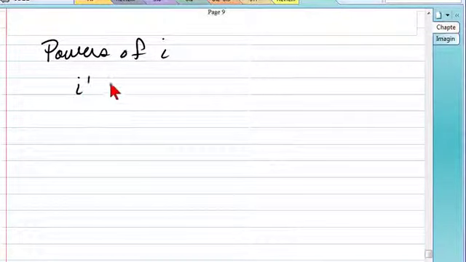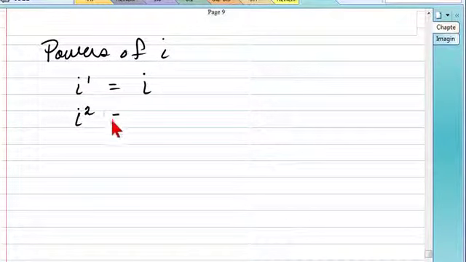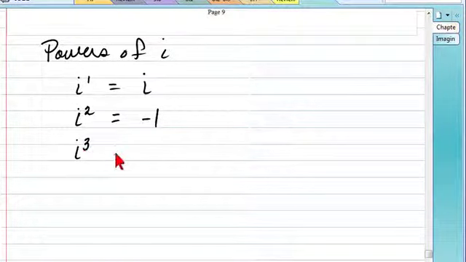i is very unusual in what happens to it when you raise it to powers. You have i to the first, everybody knows that's going to equal i. i squared. What is that equal to? Negative 1. Now, the next one, i to the 3rd.